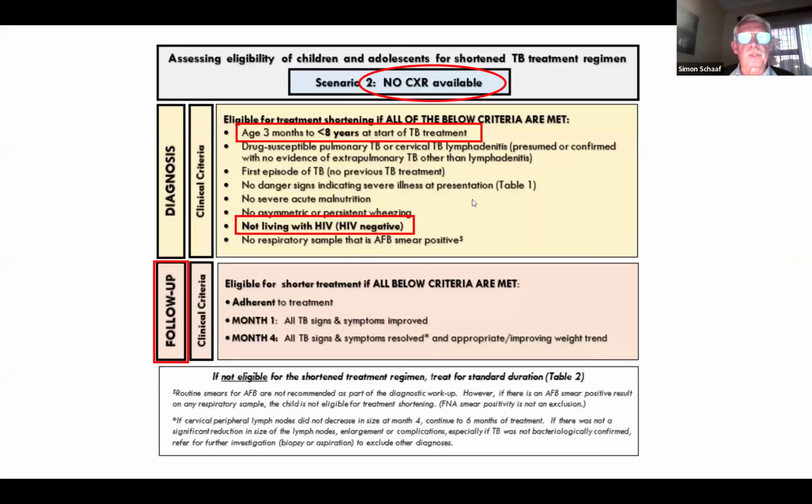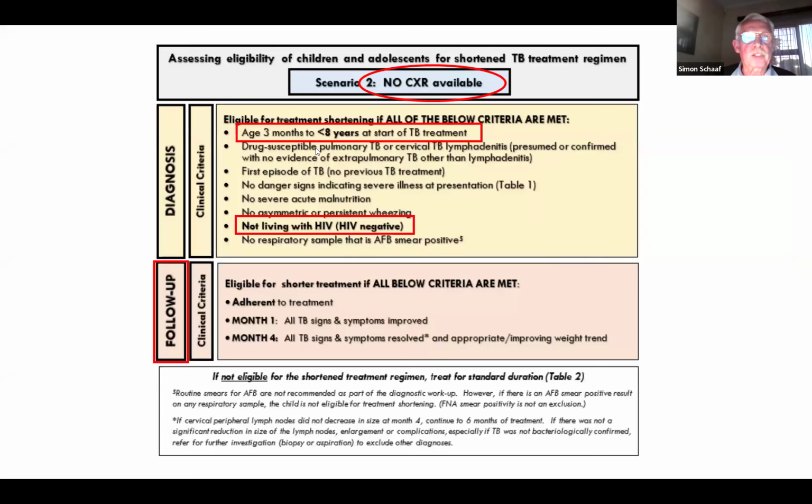So when you work in an area where you do not have chest X-rays available to you, we also need to make decisions. And although the SHINE trial was not done in this situation, we decided that even in this case, some children may be included in the shorter treatment of 4 months.